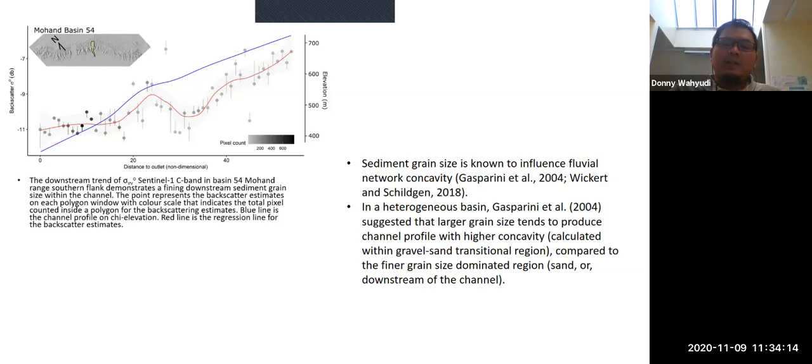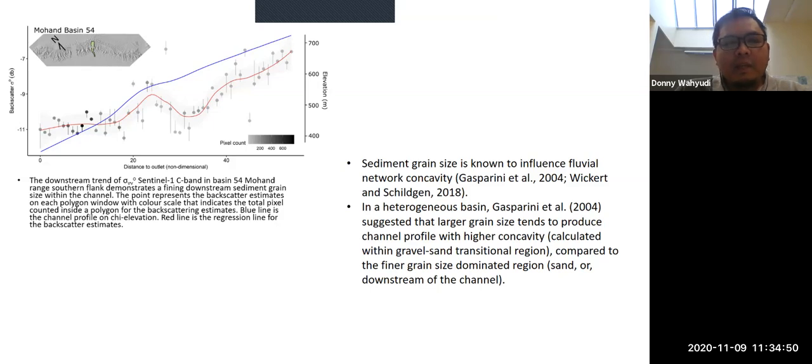Gasparini, in 2004, found that in a heterogeneous basin, larger grain size tends to produce channel profiles with higher concavity compared to finer grain size. We are trying to explore this with grain size from backscatter analysis, using synthetic aperture radar to measure the roughness of the channel.